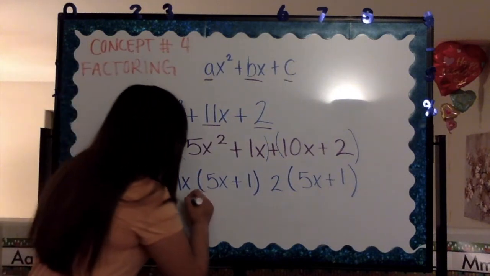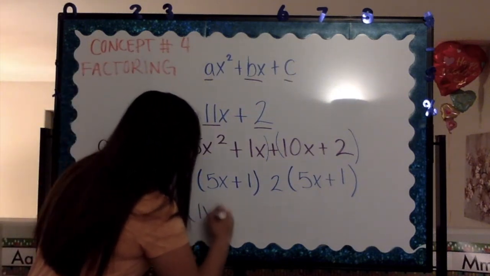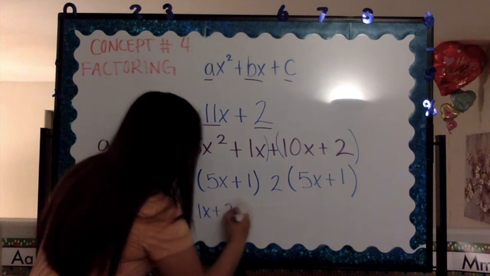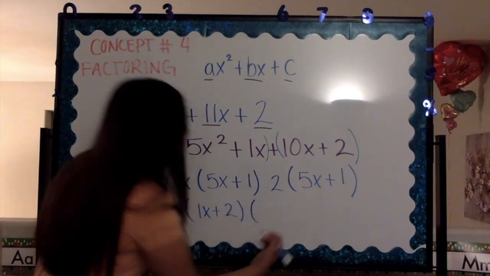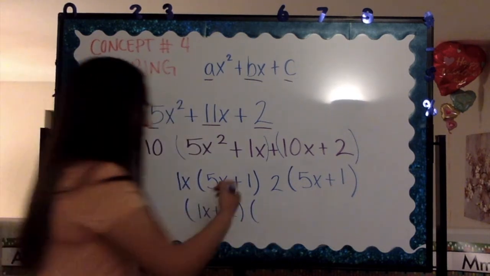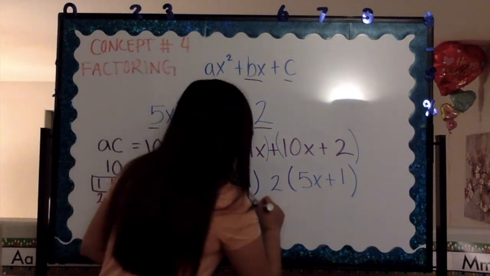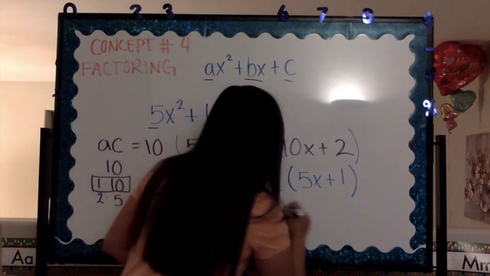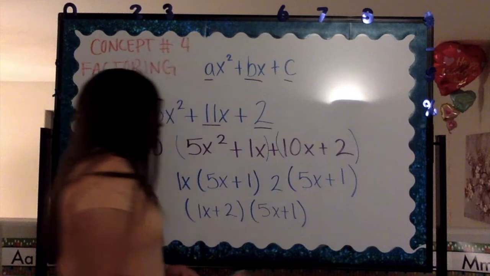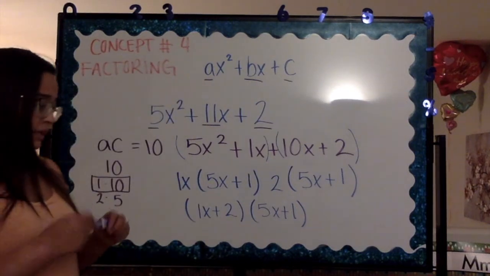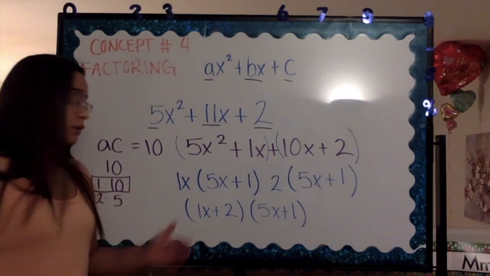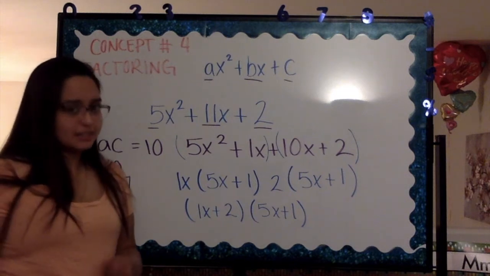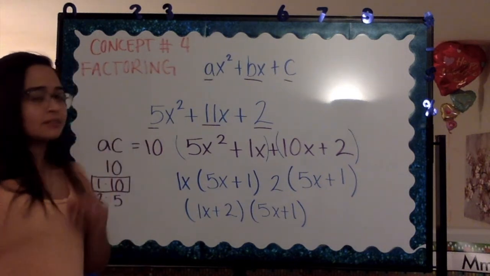So I'm going to take those, place them into one side of the parentheses to one binomial, and then I'm going to write 5x plus 1 as my other binomial. Okay? Now, from here, we can check our answer to make sure it would give us that.